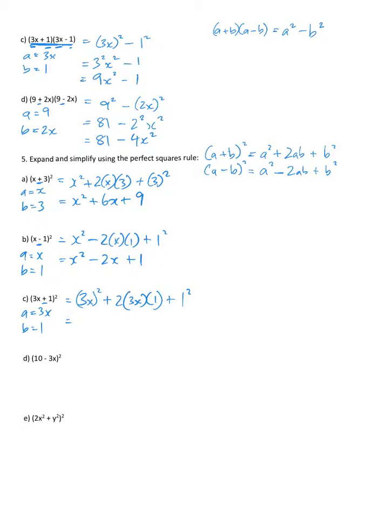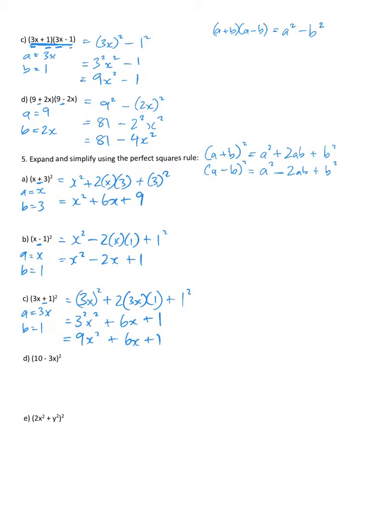Remembering our index laws, the square applies to 3, and it applies to the x, plus 2 lots of 3x is 6x, times by 1 is still 6x, plus 1 squared is 1, 3 squared is 9, and then you've got the 9x squared plus 6x plus 1.